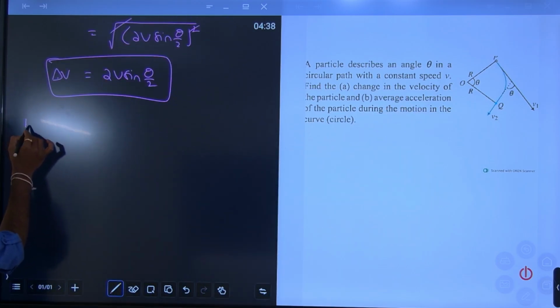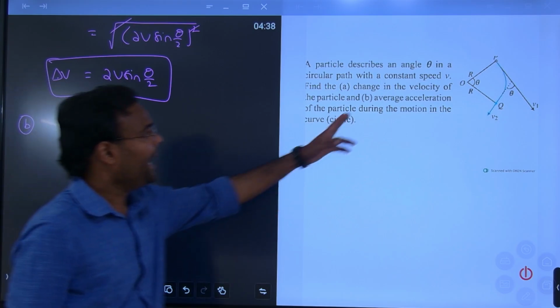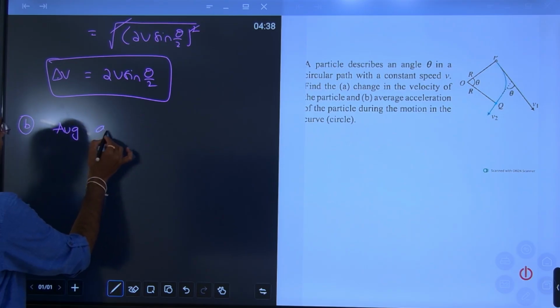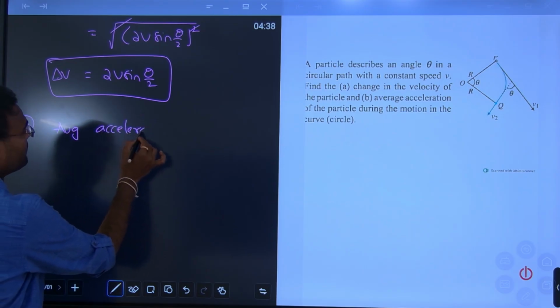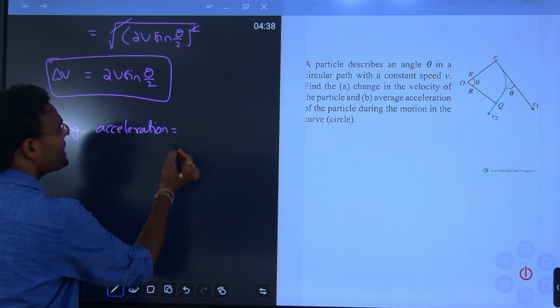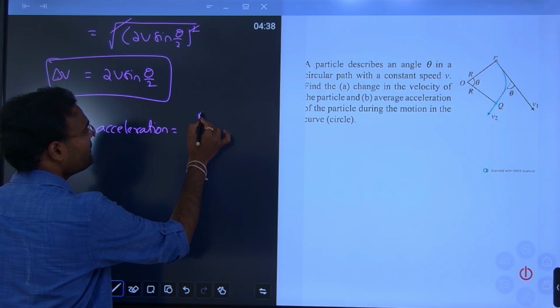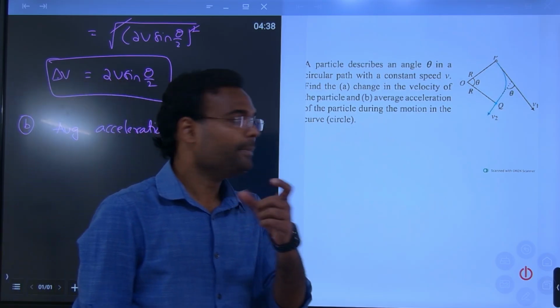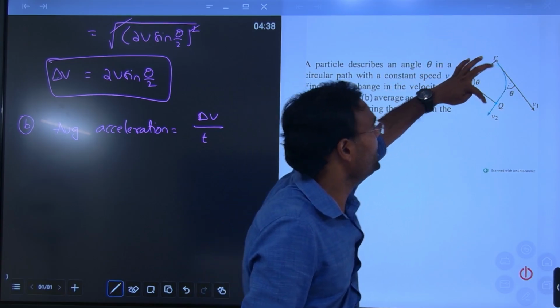Then they are asking us to find the average acceleration. What is the average acceleration formula? That is the change in velocity divided by time. Time means the time taken to travel from here to here.